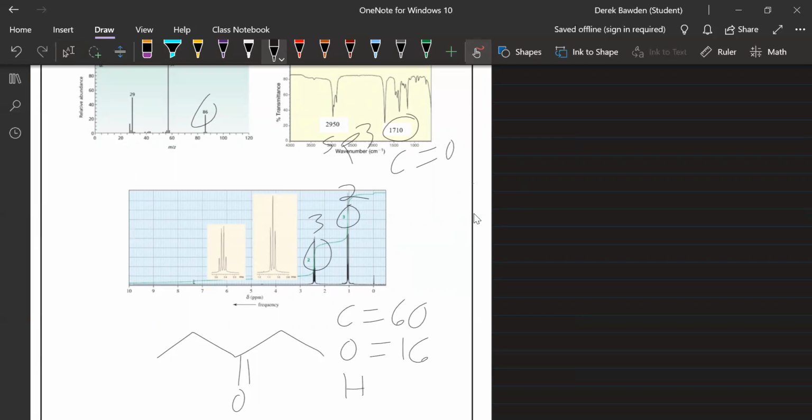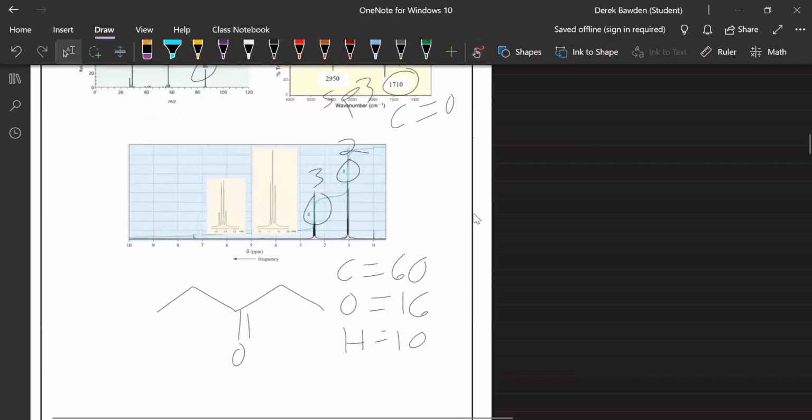We have hydrogens, which are 1 each, 10 of them. Does this add up to our 86? Yes. Perfect. Let's see if it fulfills everything else. We accounted for our C double bond O. We have sp3 CHs. We have our total mass. And yes, it does fulfill our HNMR. So that is our molecule.